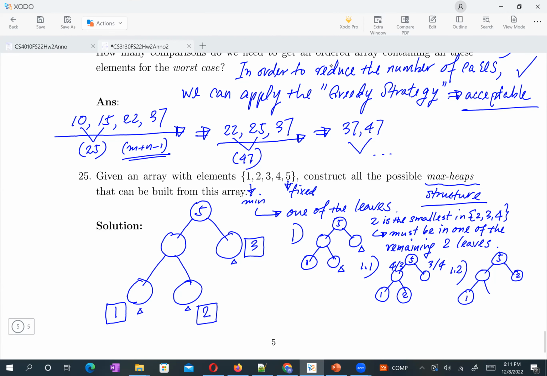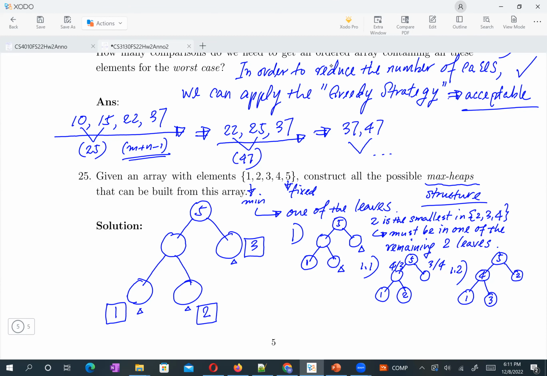Then in these two locations we need to arrange 3 and 4. 3 is smaller than 4, so 3 should be here, 4 should be in the parent location.